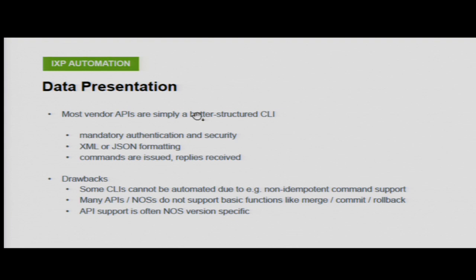And of course, obviously, the APIs are very specific to NOSes. They can be version specific as well. We have some devices on our network which, due to the fact that they're only just end of sale, will never get any more major software releases, and because of that, they will never see any vendor APIs. It's a bit of a drag, but there we go.